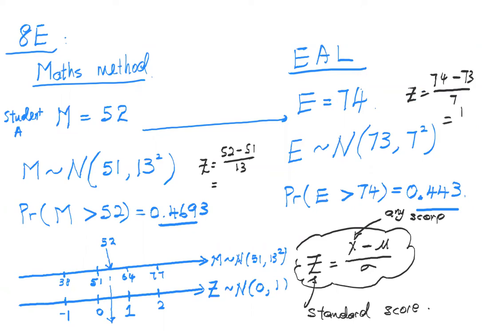So this is 1/7 and this is 1/13. The standard score for maths is smaller than the standard score for EAL. Therefore, student A performed better in EAL compared to maths. This is the quickest and fastest way to do a comparison without finding the probability.